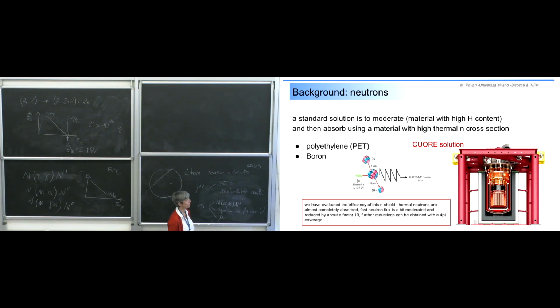So, for example, the solution adopted, this is Cuore, and you see, the detector is an array of solid state detectors here in the core. This is a cryostat to cool down this array.